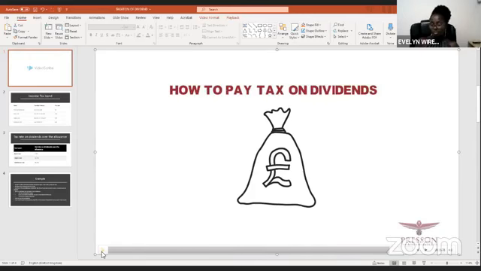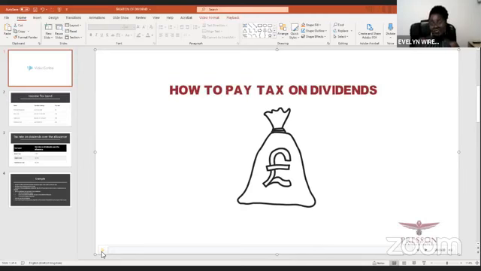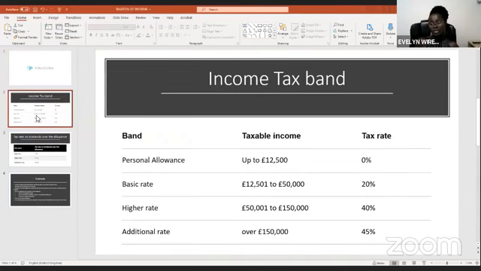Let's go back to the screen. As a recap, we discussed taxation of dividend, and normally the percentage of the dividend you pay will depend on your income tax band. You are either a basic rate taxpayer, a higher rate taxpayer, or an additional rate taxpayer.